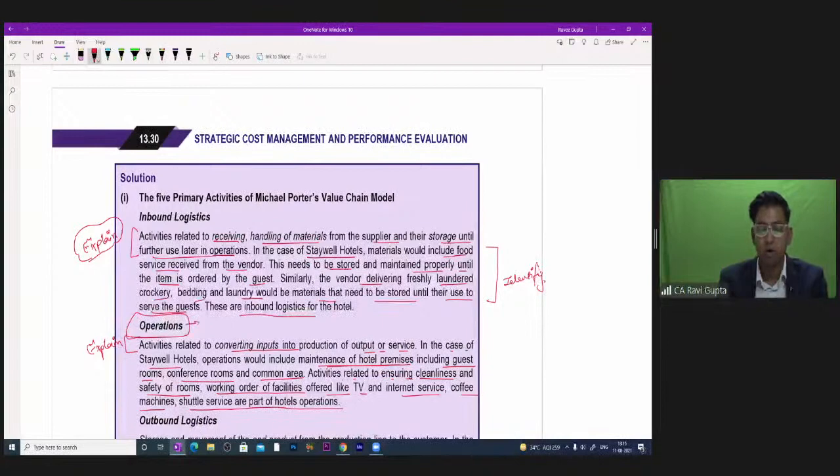This is also called operations. So operations means what we are doing. We are operating shuttle services, coffee machines, internet services, working order of facilities, safety of rooms, cleanliness. So these are all our operational parts which should be maintained properly.